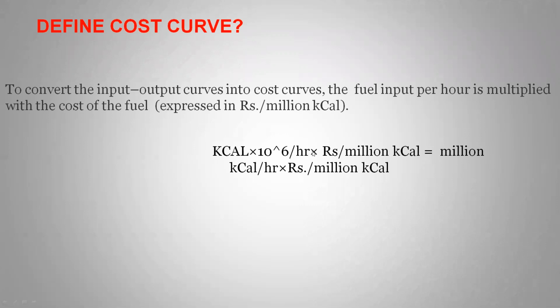Kilocalorie into 10 to the power of 6 per hour, so 10 to the power of 6 means million. Million kilocalorie per hour into rupees per million kilocalorie. This is the definition of cost curve. It's very simple.